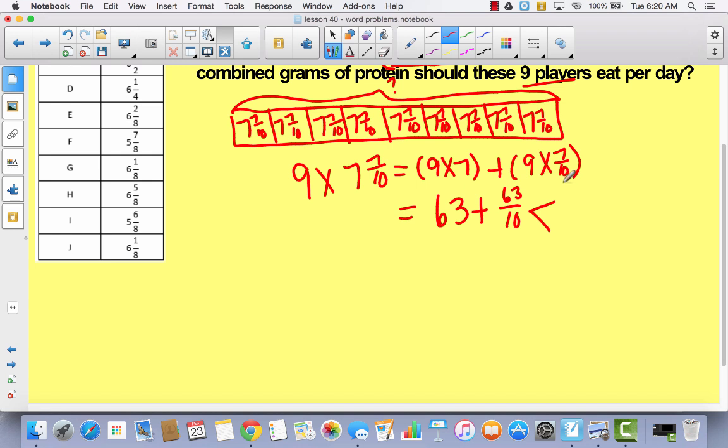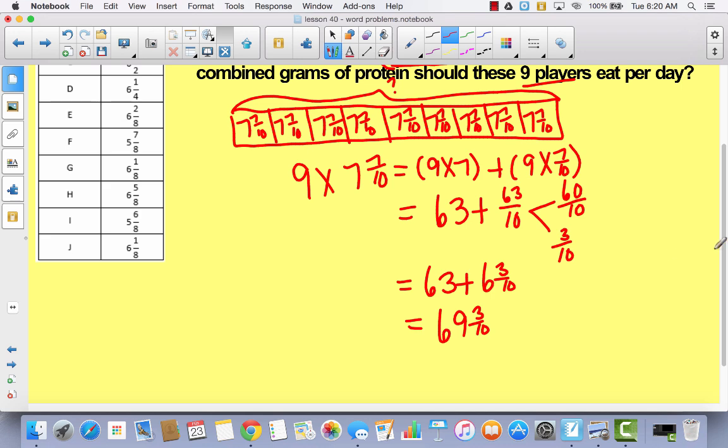If I counted by tens, I would get to 60 tenths before I went over, and that would leave 3 tenths left over. So now I've got 63 plus 6 and 3 tenths. Now when I add these together, that gives me 69 and 3 tenths.